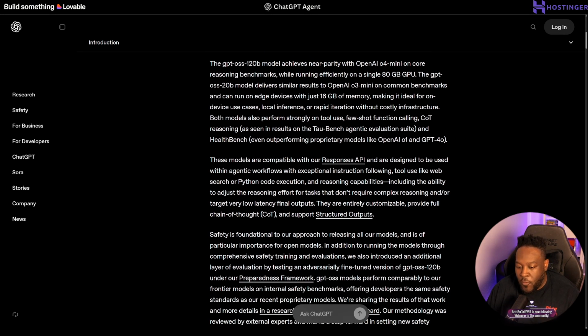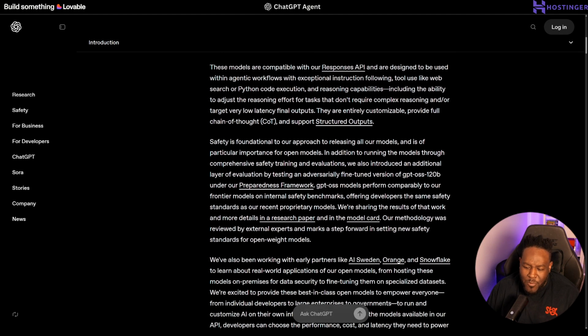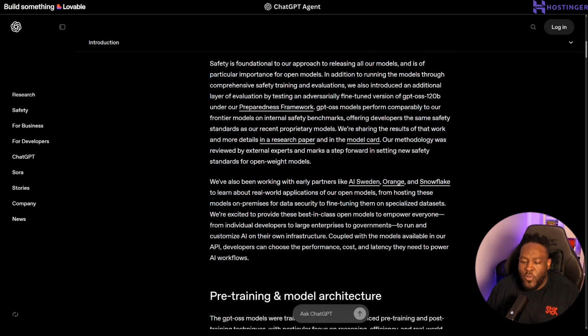Nonetheless, we're going to keep going down. These paragraphs are basically talking about what they've done, how they created the model, what they're most compatible with. They have APIs, structured outputs, the framework, all these wonderful things that some of you may be like, Tech, what does it mean? It just means go ahead and check it out. I'm going to leave the blog down below, but it also means it works. It has APIs. It can connect with multiple things. Like I said, we did a stream on Monday showing people how to make their own private AI using N8N.